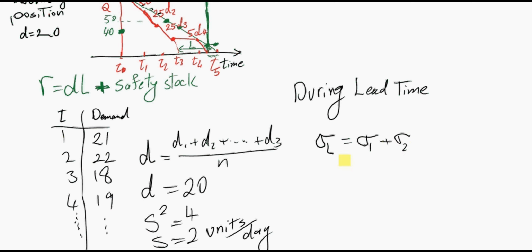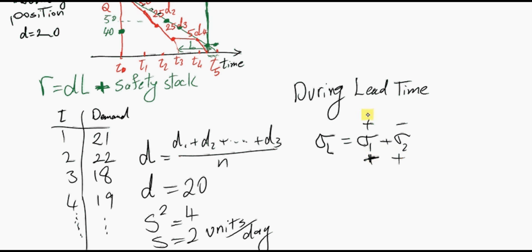But that is not true, because these demands in these days are independent, and it is quite possible that on one day the variation would be positive, in another day the variation would be negative. It is possible that some days the variation in both of them is positive, like the demand is getting above average in both of them.